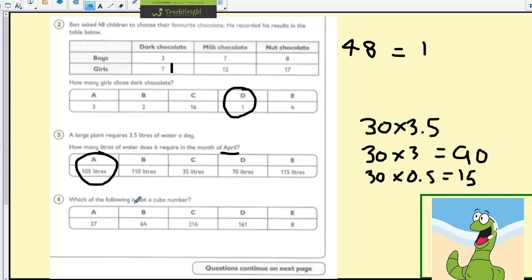Which of the following is not, again, before I think any further, going to jump out at me, not a cube number? A cube number, remember with a cube you've got yourself the 3 sides, or the 3 measurements. You've got height, you've got width, and you've got depth, the one that goes backwards. And so you need 3 measurements, 3 values. So a cube number is when you've got the same number multiplied by itself 3 times, and that's that height, width, and depth.